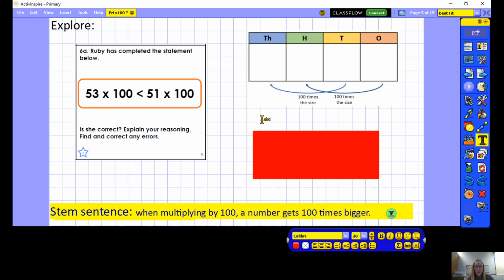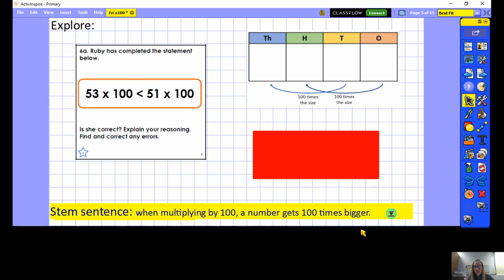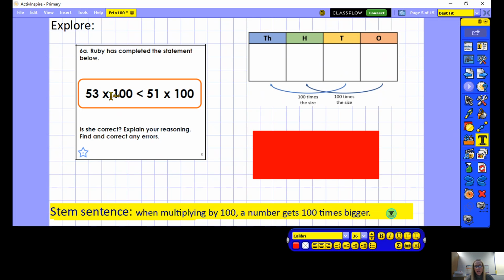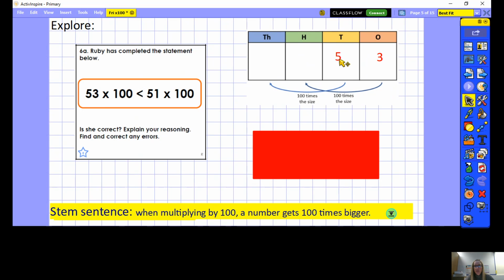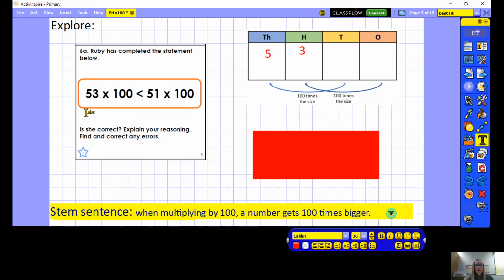Pause the video while you have a think about this question and see if you can explain your reasoning. So let's check if we think Ruby is correct. So 53, when we times by 100, we know these numbers move 2 spaces across. So 53 times 100 is 5,300.